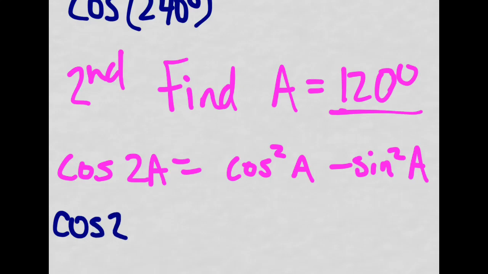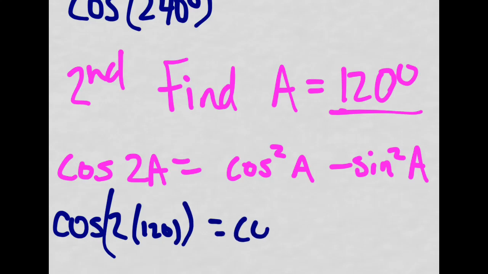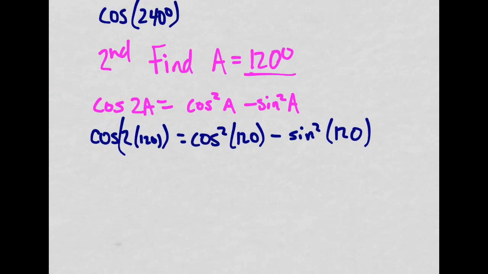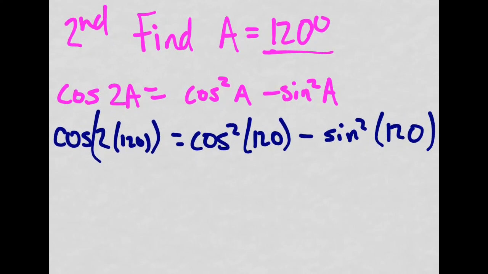So the cosine of 2 times 120 is equal to the cosine squared of 120 minus sine squared of 120. All I did was, after I found out what A was, replace A everywhere in the formula.